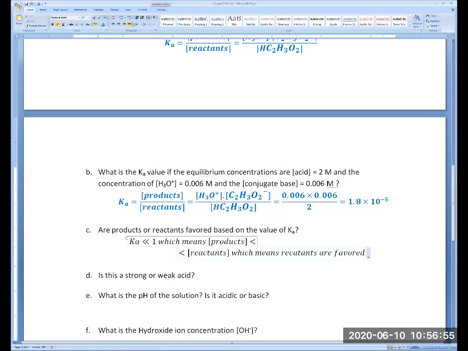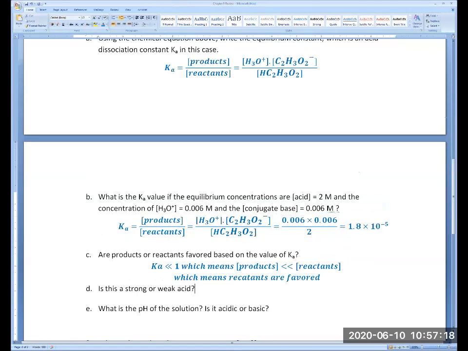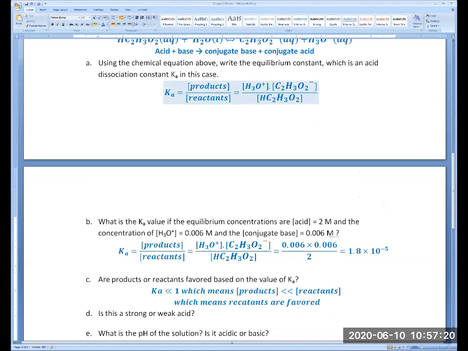Oops, yeah, that's not good. Let's remove that from here. Okay, so reactants are favored. We don't see the equilibrium.